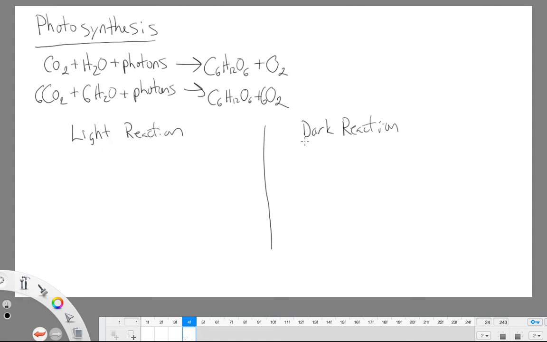Dark reaction doesn't. But this also occurs during daylight. So dark reaction is a little bit of a poor name. So it's also referred to as the light independent reaction or the Calvin cycle. Right? 3 names for it.